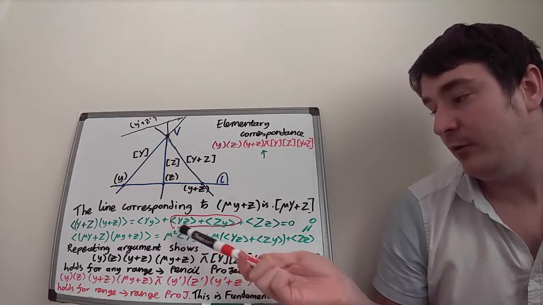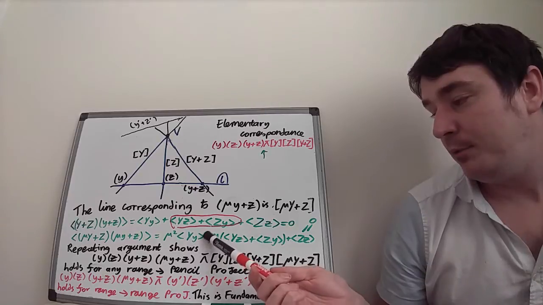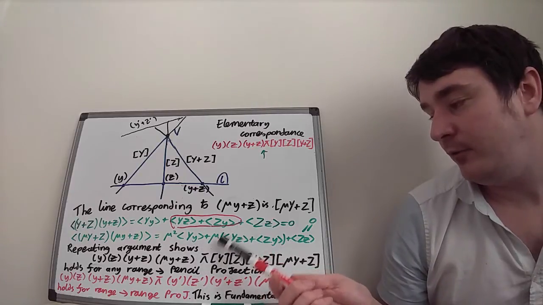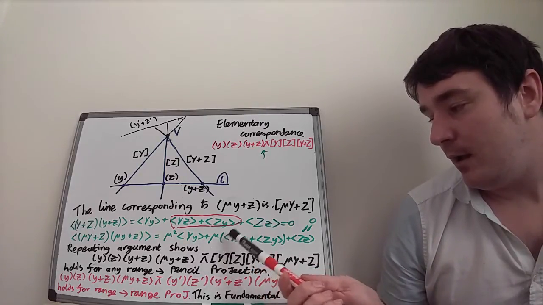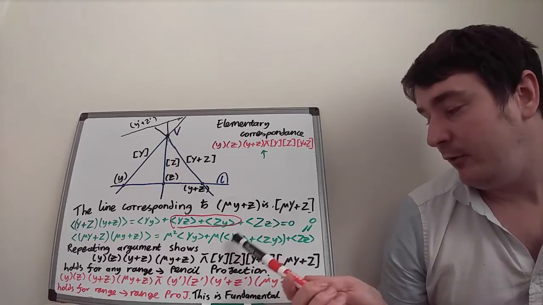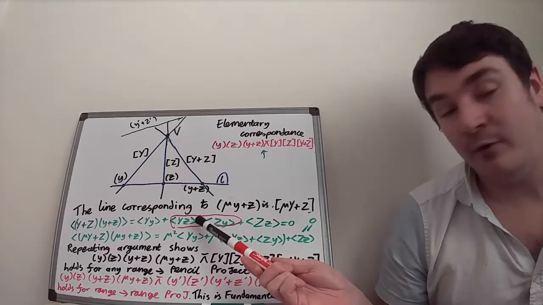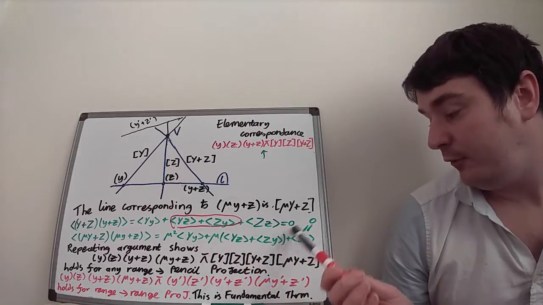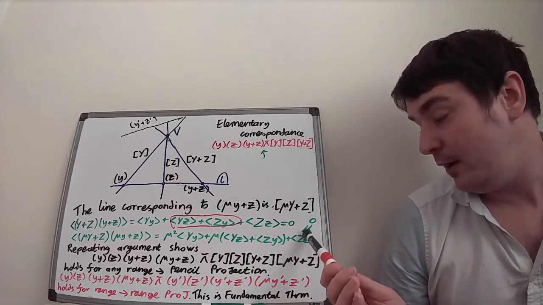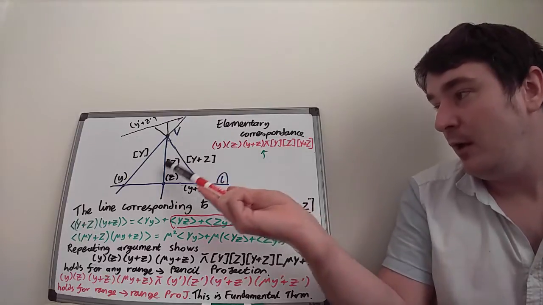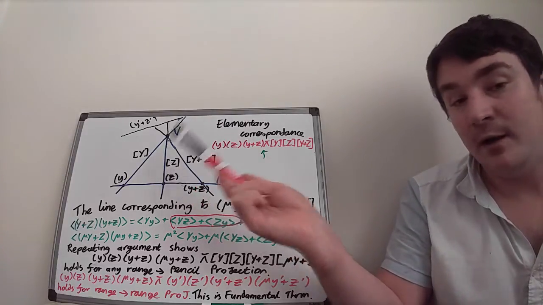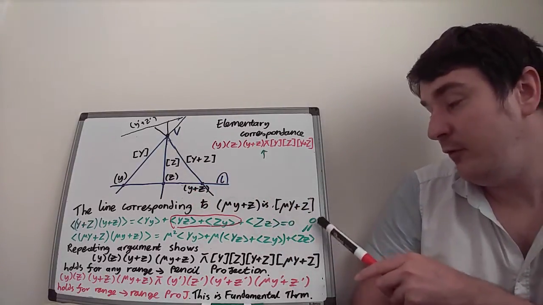That's fine, we know that's 0, plus mu times the product of big Y little z plus product big Z little y, and we know that's 0 from here, plus the product of big Z little z. Well, that's 0, of course, because point little z is on the line big Z. So we know that this is 0.